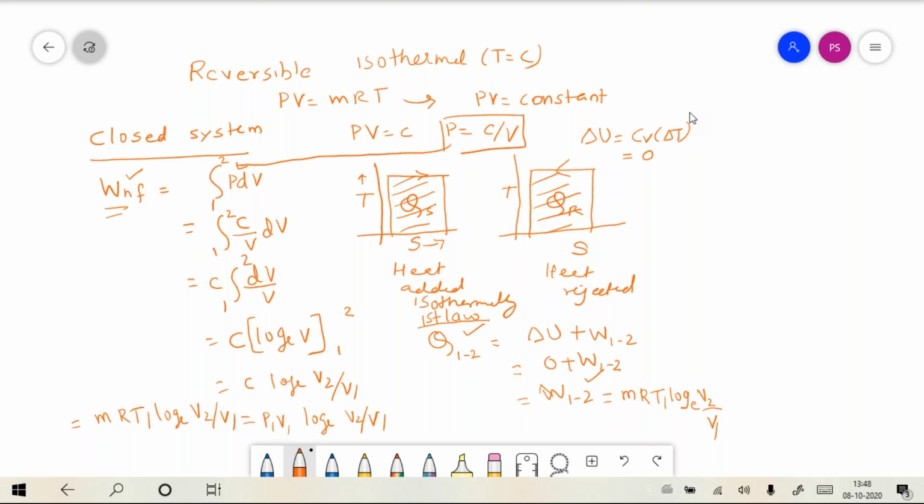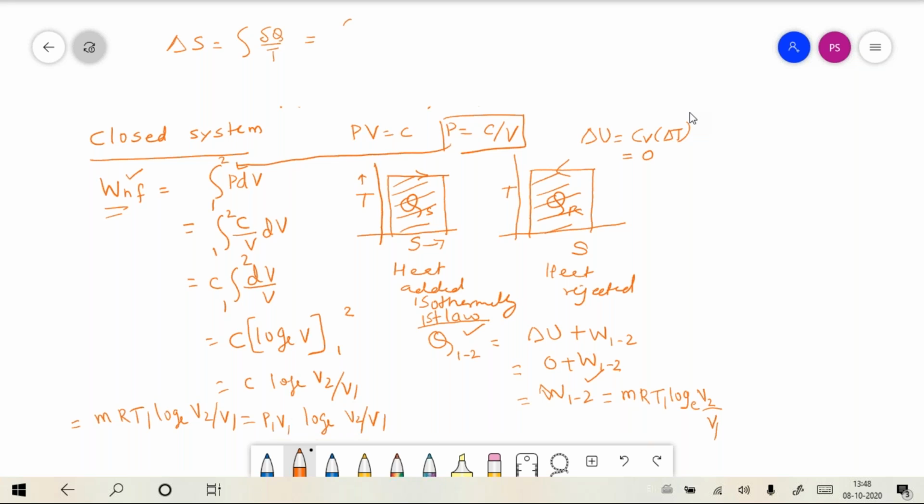So for entropy change, integral of del Q by T, which is equal to integral of, because del Q is del W and del W is PdV in case of isothermal process. So I can put this value as PdV upon T.